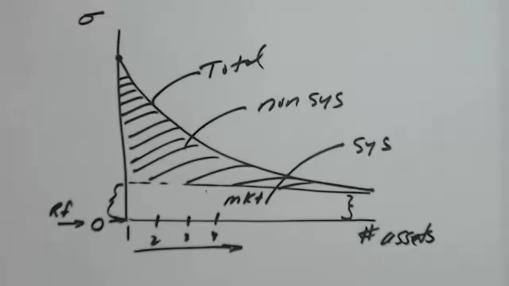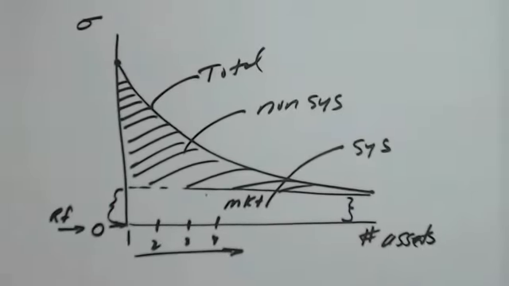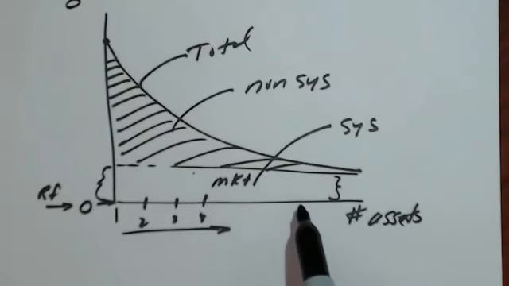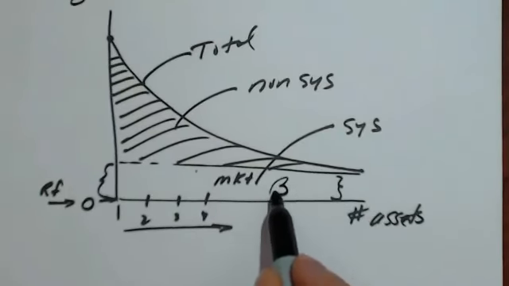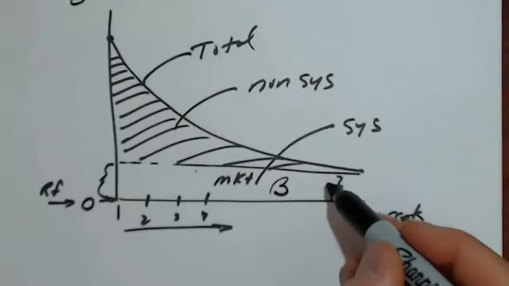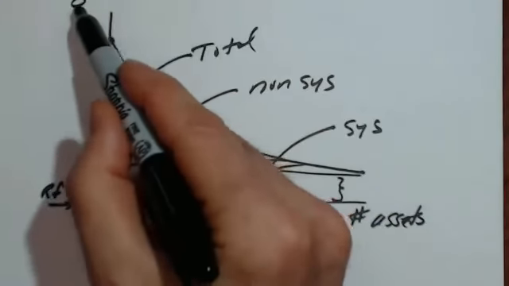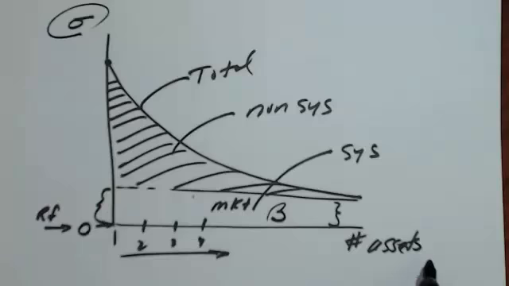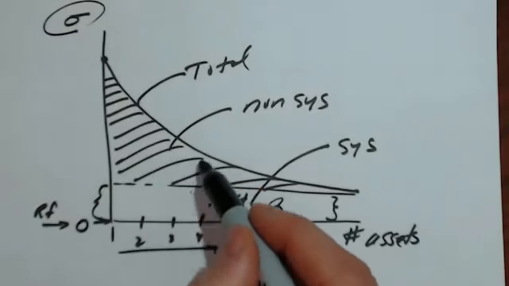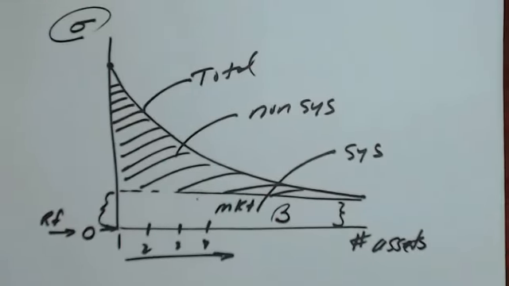It's interest rates, it's foreign currencies, it's inflation, things that the President of the United States deals with, things that the Chairman of the Fed and the Federal Reserve Bank deals with. Those are macro market risks. And our measure of that is beta. A measure of this component right here is beta. And our measure of total risk is standard deviation. And what's left over is this striped area here.